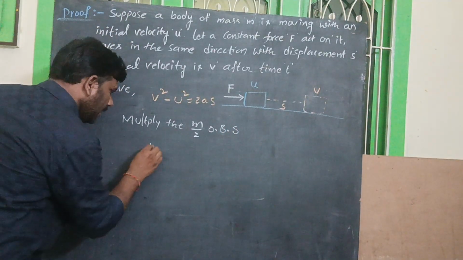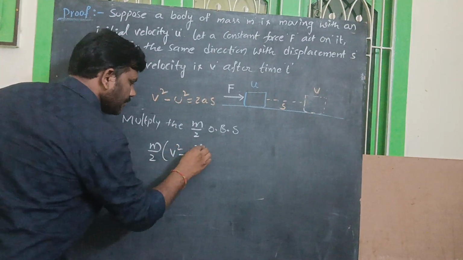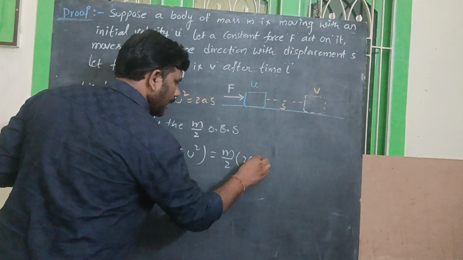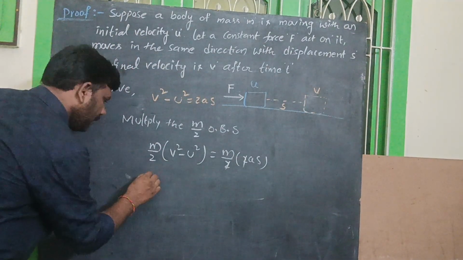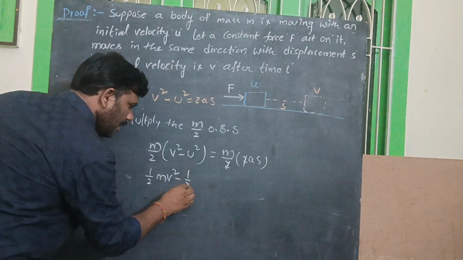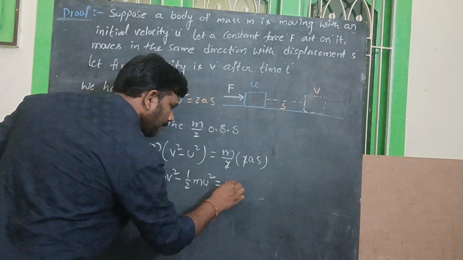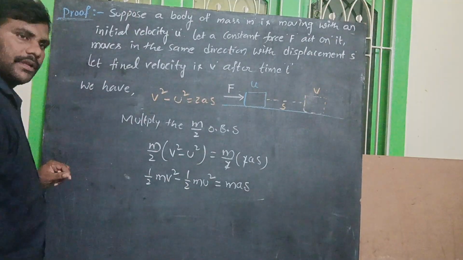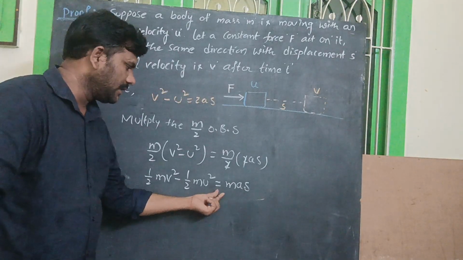Then m by 2 of v square minus u square is equal to m by 2 into 2as. Here the 2 cancels. Then we can write half m v square minus half m u square is equal to mas. Here half m v square is the final kinetic energy, minus half m u square, the initial kinetic energy, that is equal to mas.